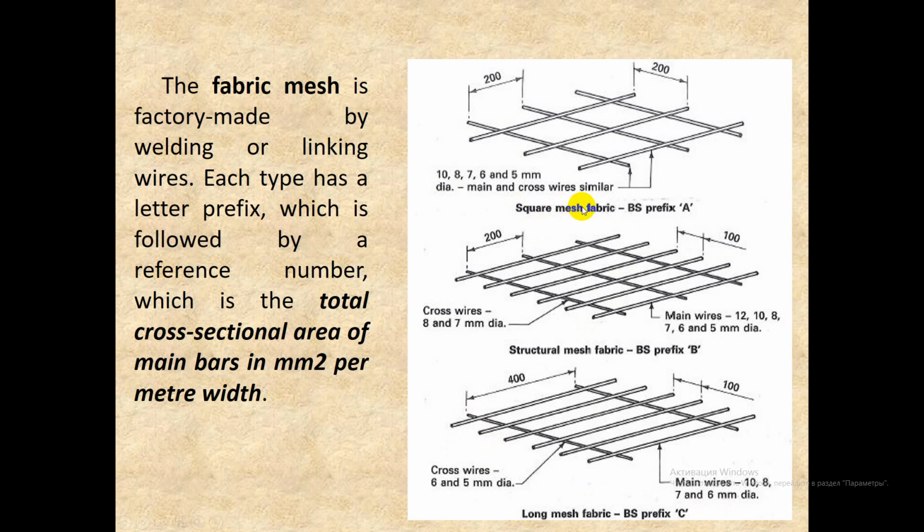This is a square mesh fabric, prefix A. Square structural mesh fabric, prefix B, for slabs, and this is also for slabs. And this is a long mesh fabric, C for roads and pavements.